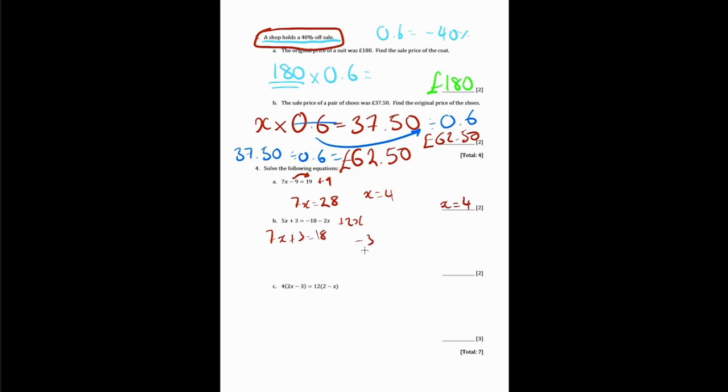Minus 3 both sides. 7x equals minus 21, because 18 minus 3 equals minus 21. That means divide by 7. Minus 21 divided by 7 equals minus 3. That is x equals minus 3.